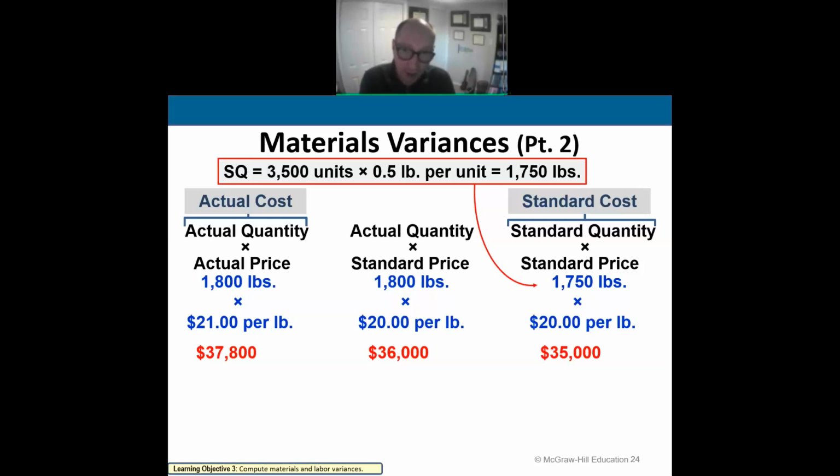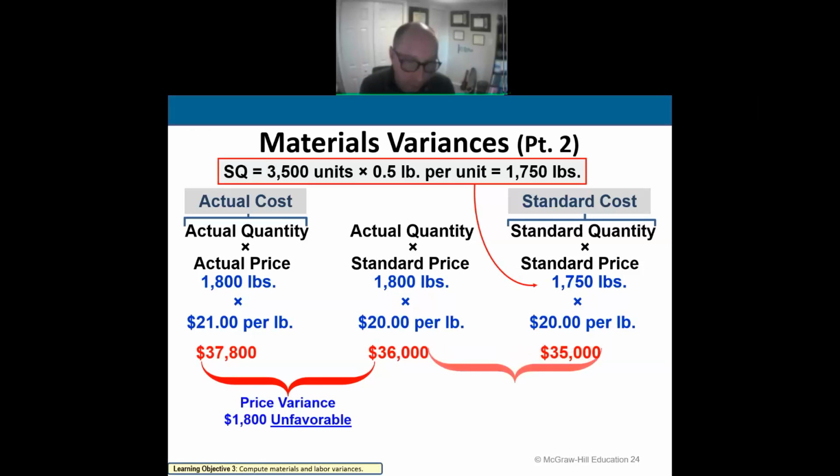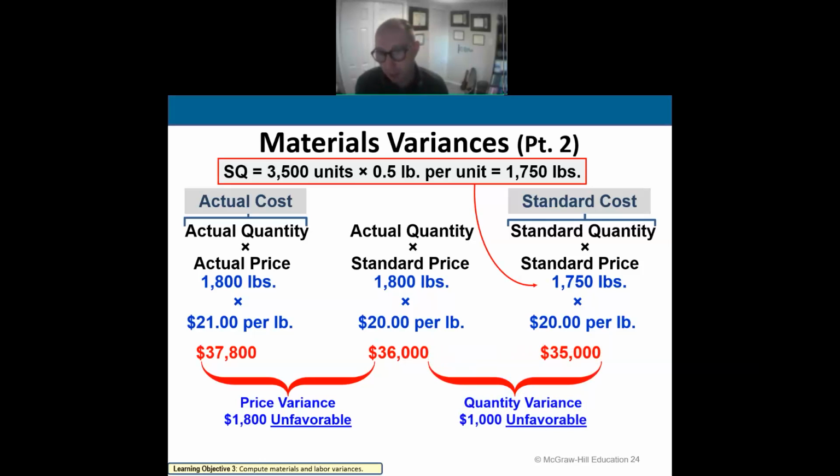Then my actual quantity times standard price. Now I could find my variances. $1,800 unfavorable price variance. Quantity variance, $1,000 unfavorable. So the total unfavorable direct materials variance, price plus quantity, gets you your total direct materials variance.